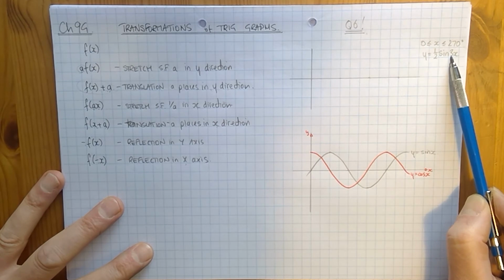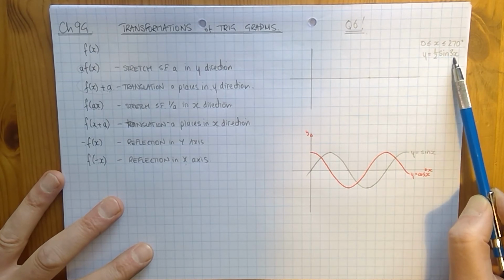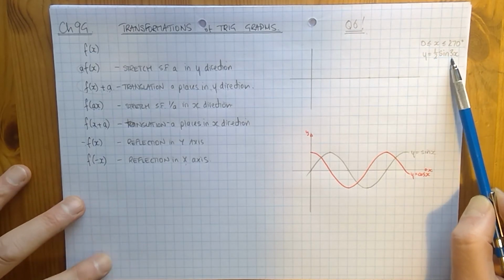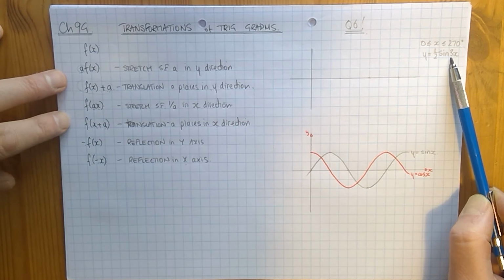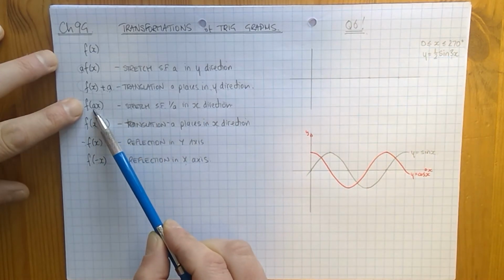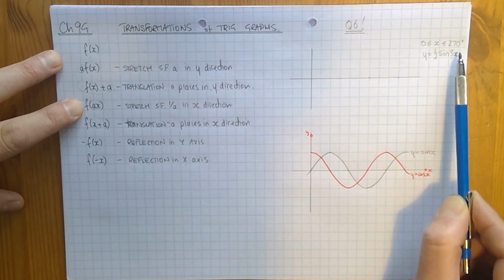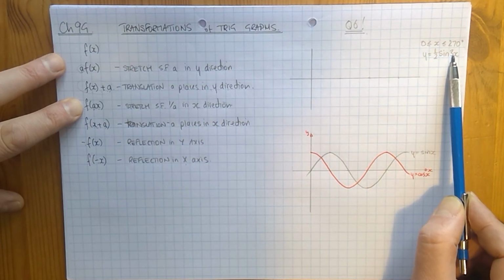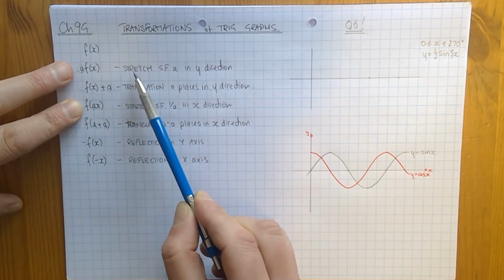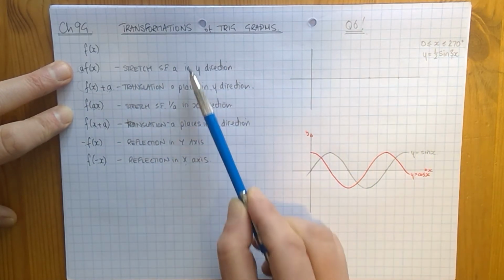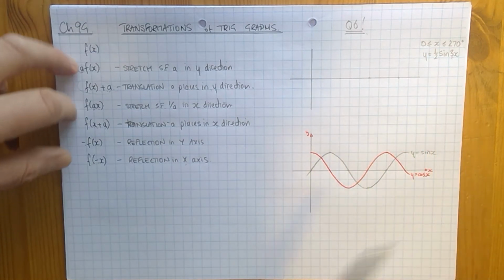One is multiplying x by 3 first, then applying the function, which is sine, and then multiplying that by half. So I have a stretch scale factor 1/3 in the x direction for that, and then this one, which is a stretch scale factor a in the y direction. So I need to combine these two on this graph.